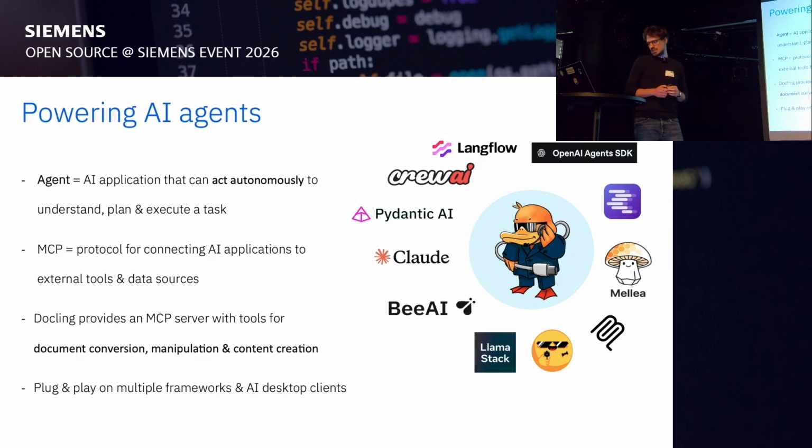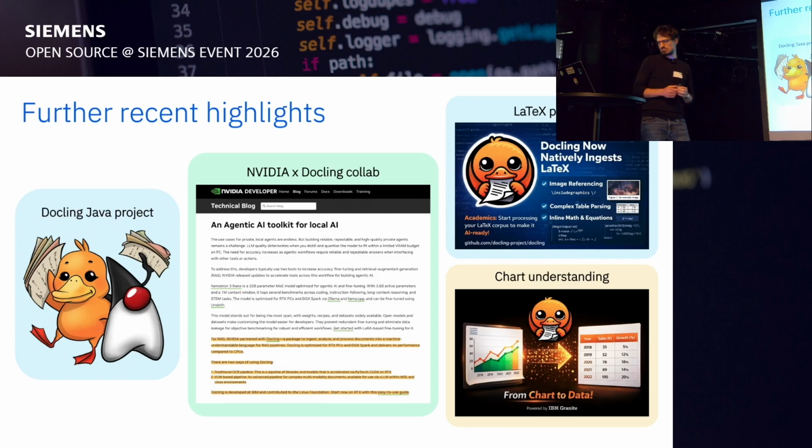So with that, let's look at one last snapshot of interesting things that have happened recently. One very nice aspect is that we had an interest directly from the community on the Java world, and we saw that Docling is a very native Python thing. Actually this capability is useful, obviously, also for different communities, right?